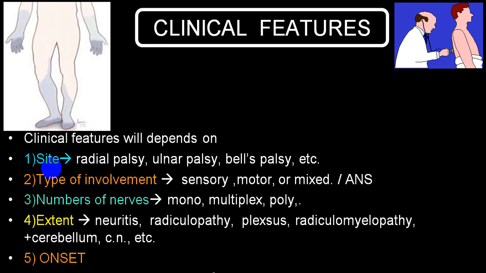Depending upon the area being involved, if peripheral nerve is involved, peripheral neuropathy or peripheral neuritis, and if there is a radicle involved, posterior spinal nerve root, we call radiculopathy, or anterior spinal nerve root getting involved.